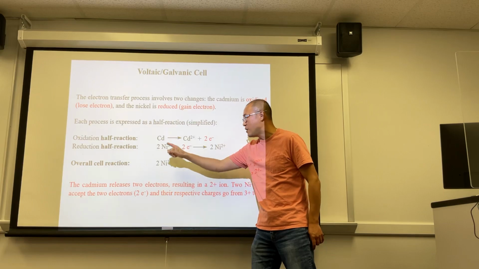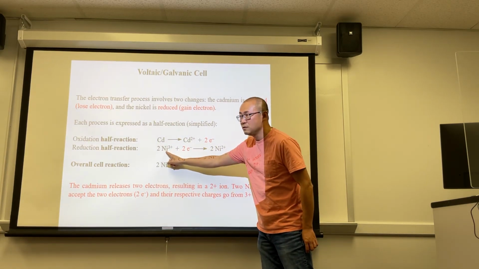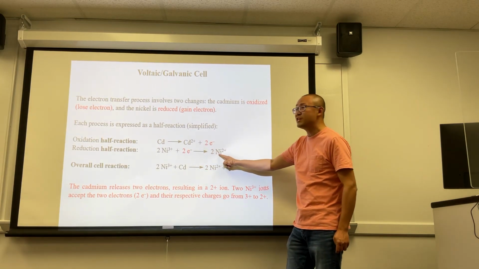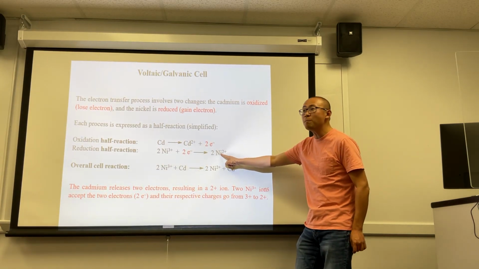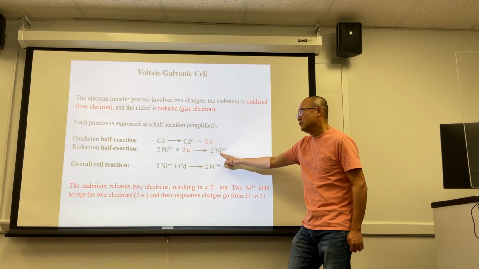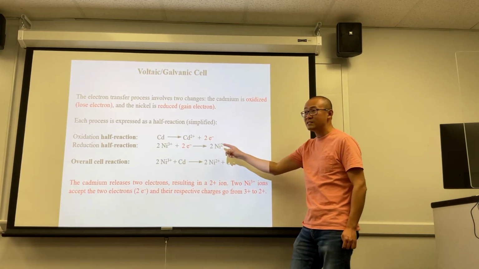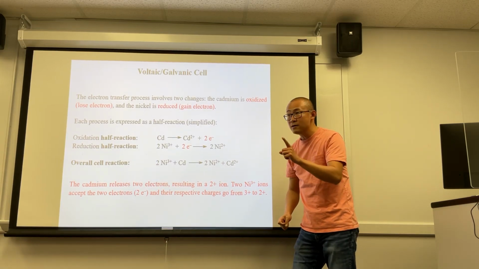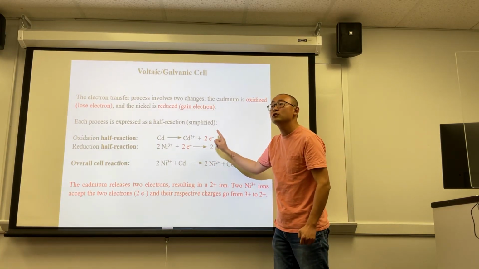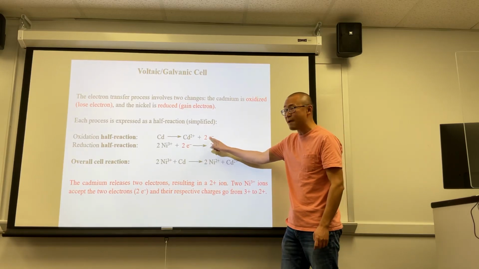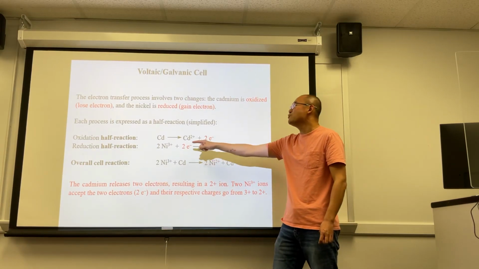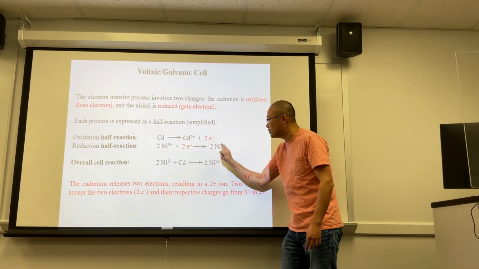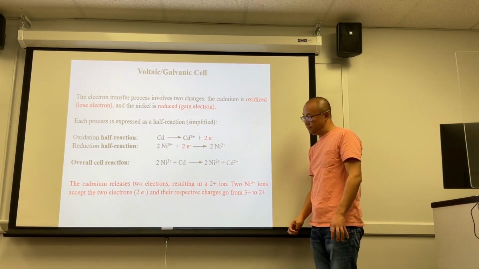Nickel exists in the battery as nickel 3+, and during reduction, nickel turns into nickel 2+. Think about it: from 3+ to 2+, how many electrons are gained? 1, right? But cadmium loses 2. So in order to gain both electrons from cadmium, you need 2 nickel 3+ to gain those. That's why you see a 2 in front of these.